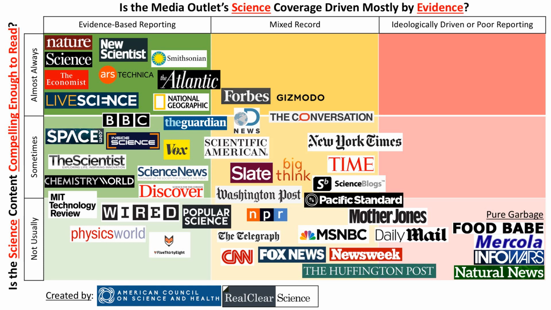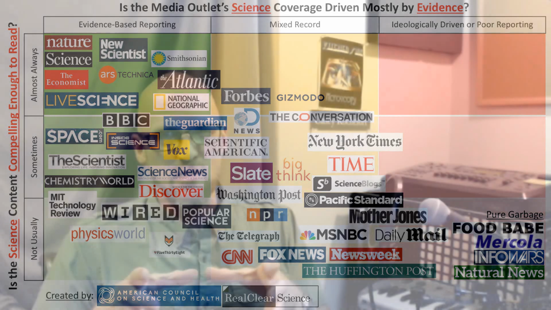You've got kind of a spectrum. There's good stuff, there's bad stuff, and then in the middle, you've got your maybe take it with a grain of salt, maybe do a little research, maybe look at other news organizations, because they kind of fall in this spectrum of sometimes they report well, sometimes they don't.